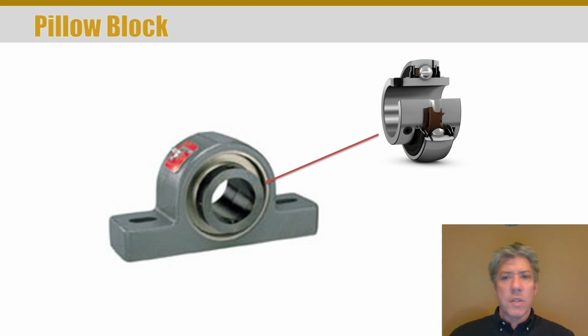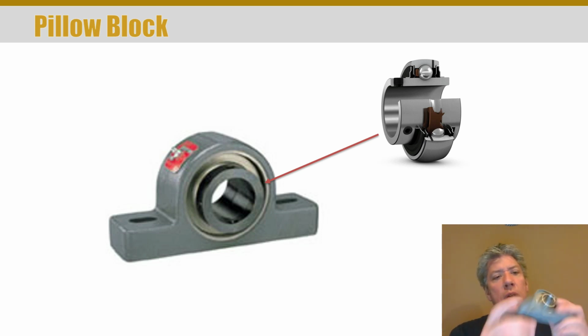The nice thing about this system is you can get the shape of the block or the bearing holder in many different shapes, so it can be convenient for your machine, but then you can get many different options within the insert itself. Now of course in smaller sizes only certain things are available.